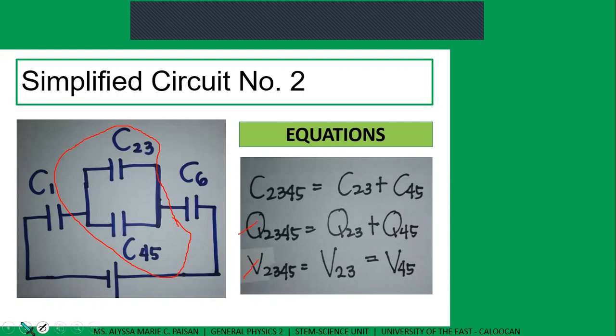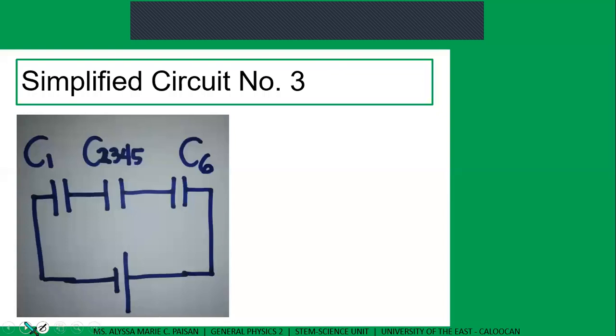Okay? Ayan. So kung yung sa part 2 natin hanggang simplified circuit number 2 lang, ito, hindi pa tayo sure kung yung simplified circuit number 3 ang magiging final at simplest form ng ating circuit. But this one, hindi pa to pwedeng maging final. Kasi nga, sa isang series circuit, meron pang nakapaloob na parallel. So, i-simplify natin further. Ayan.